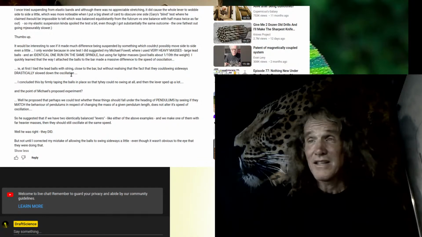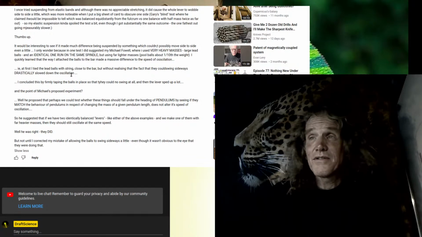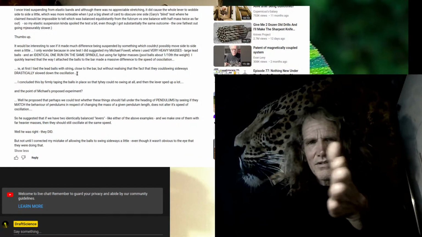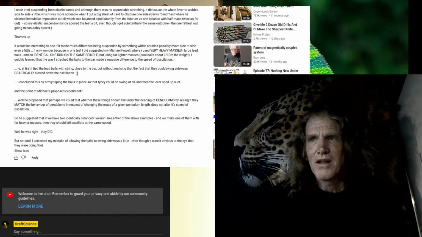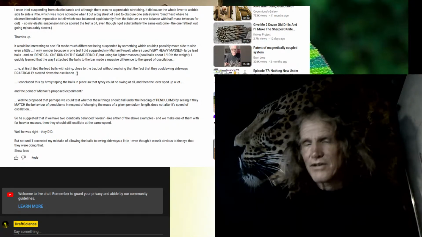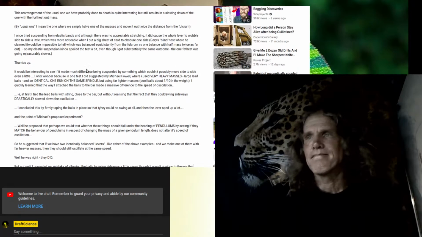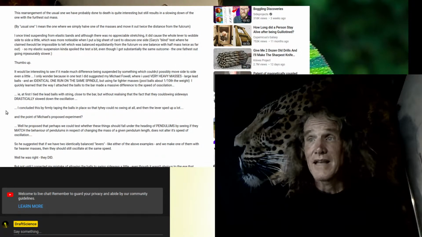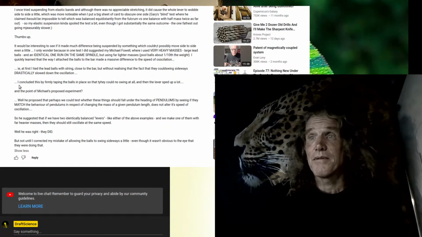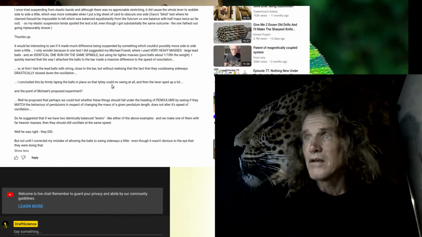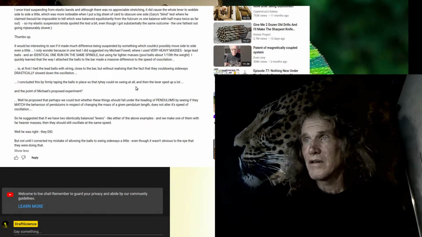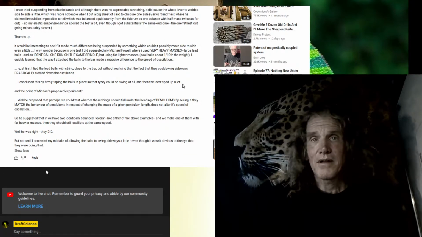So there's more stuff to recognize here. Somehow some sideways motion, I'm just not sure what he's talking about, somehow consumed the energy of the system. It'd be interesting to see how the sideways motion could do that, but whatever. "I concluded this by firmly taping the balls in place so there could be no swing at all, and then the lever sped up a lot."